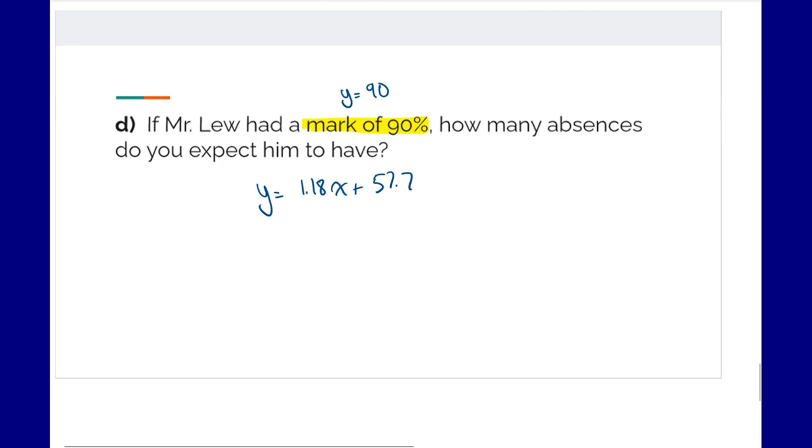So in my equation, I'm going to replace y with 90 equals 1.18x plus 57.7. I'm going to move this to the other side. When I do that, it becomes the opposite. So 90 minus 57.7 equals 1.18x.